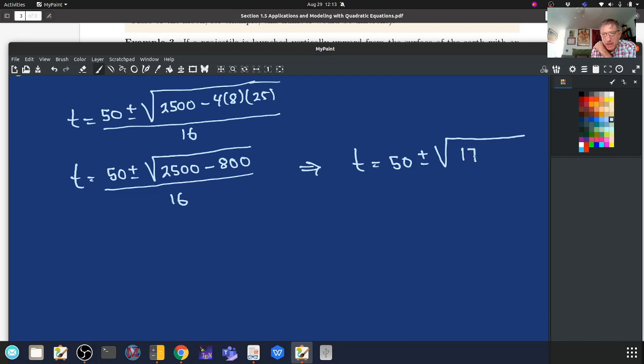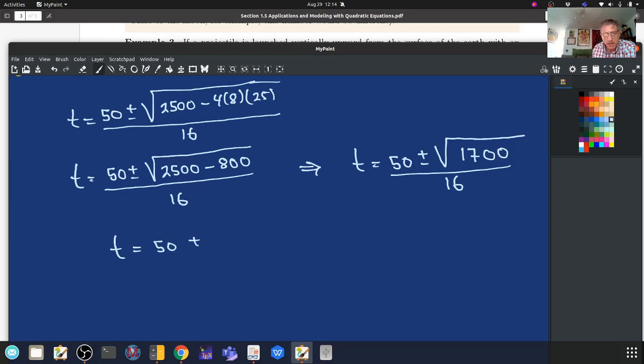So that's 1,700 over 16. So here is when you have to realize that 1,700 has no perfect squares. So here's where you actually pull out your calculator to find the answer.